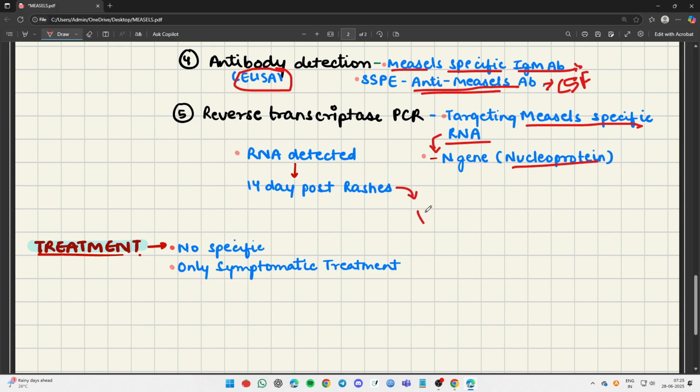On the 14th day. So we are able to detect RNA up to the 28th day of infection.